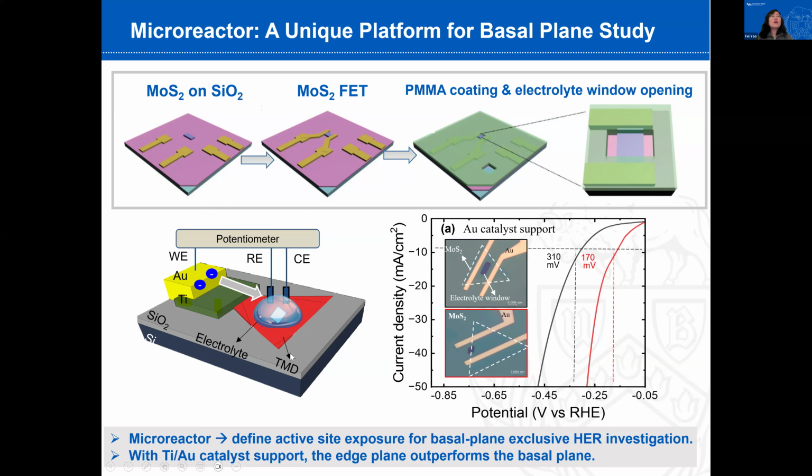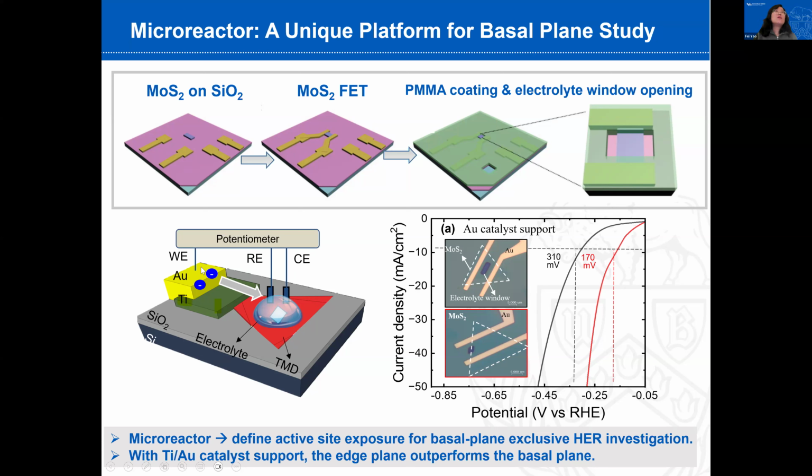The overall configuration can be represented by these schematics. You have the window opened and then the water droplet dropped on top of it. Of course, the rest of the area is shaded by the PMMA. And then you can have a reference and counter electrode in contact with the water droplet.